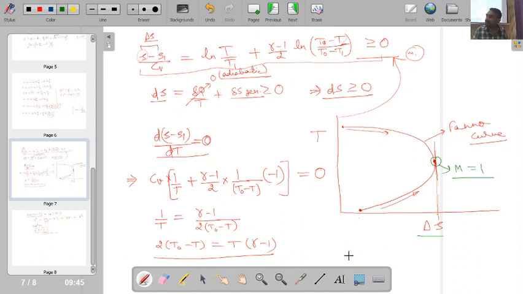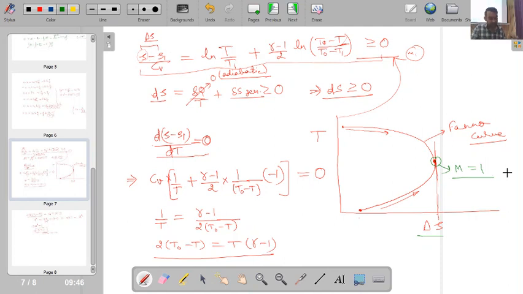Okay, so as I told you, when we take a pipe, along the length of the pipe entropy will keep on increasing, up to a critical limit when its entropy is maximum and the corresponding Mach number is equal to 1. If your pipe is longer than that, then something else will happen.